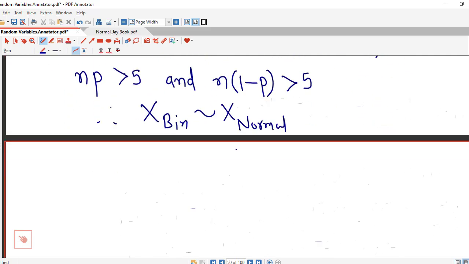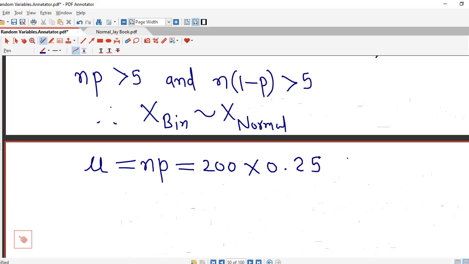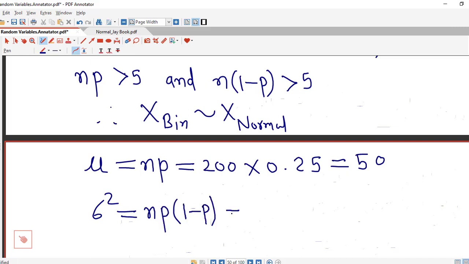Now if we are using normal random variable, we have to find out mean and standard deviation or variance of that normal random variable. So we know that mean is given by n into p. So n is 200 into 0.25, so that is nothing but 50. And standard deviation, first we find out variance, which is given by n into p into 1 minus p, that is 200 into 0.25 into 0.75.